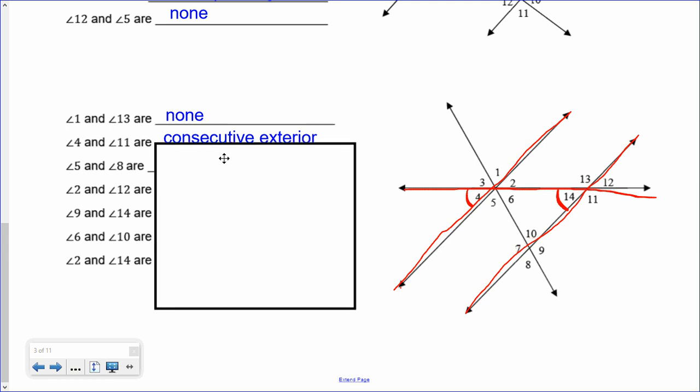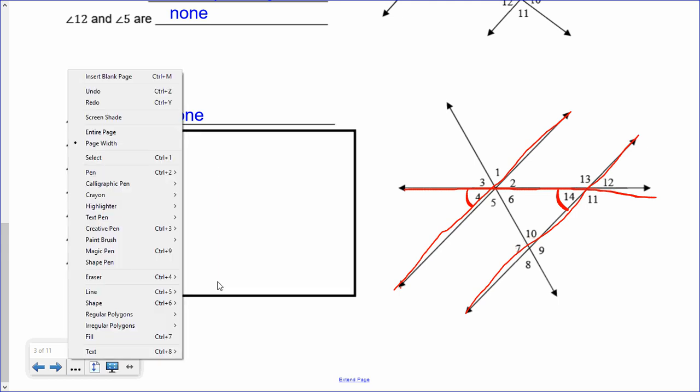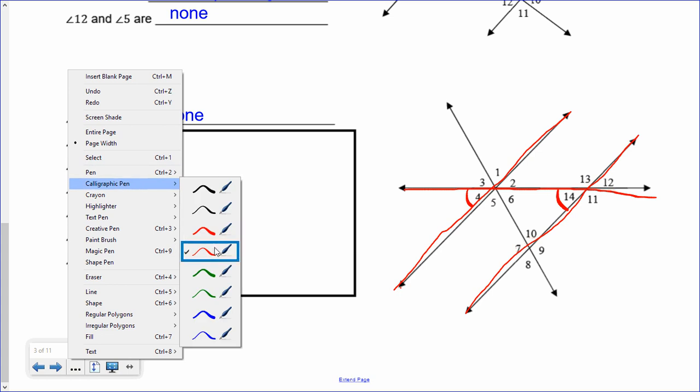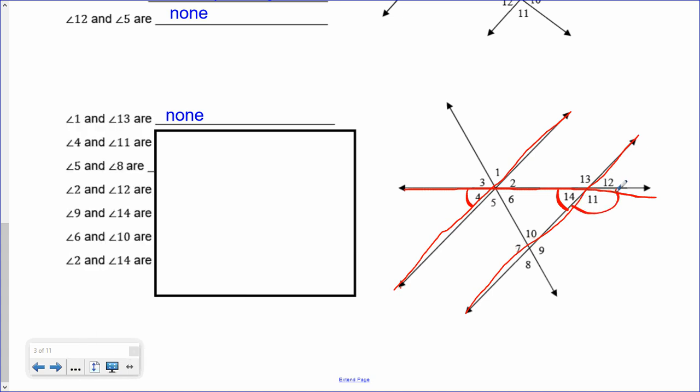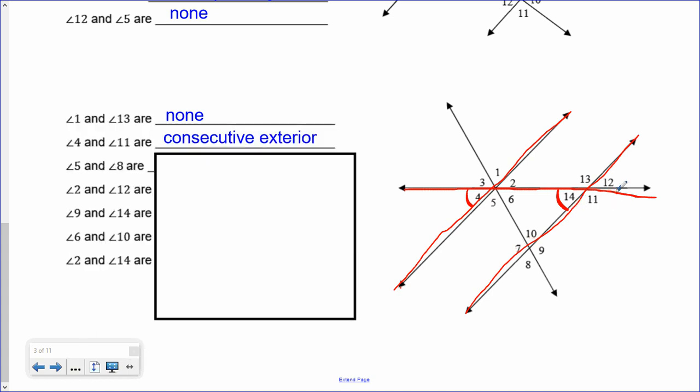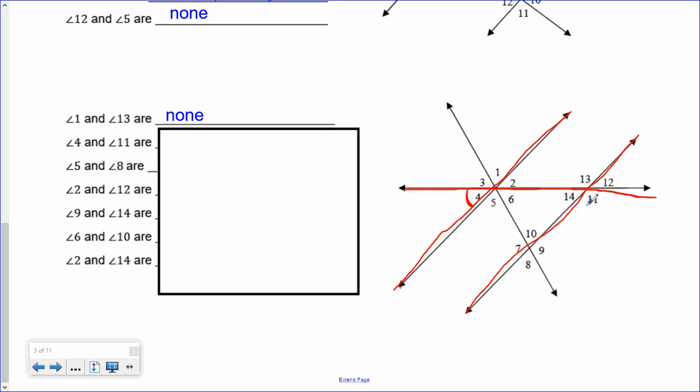Oh, I'm sorry, we weren't doing 14. That's my bad. We were supposed to be doing 11. That's why the answer is weird. Hold on, let me see if I can... There we go. My apologies. So now, instead of looking at 4 and 14, which are corresponding, we're looking at 4 and 11.